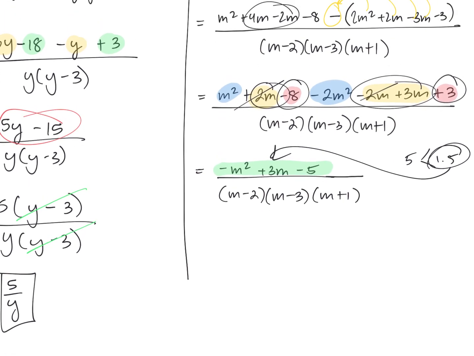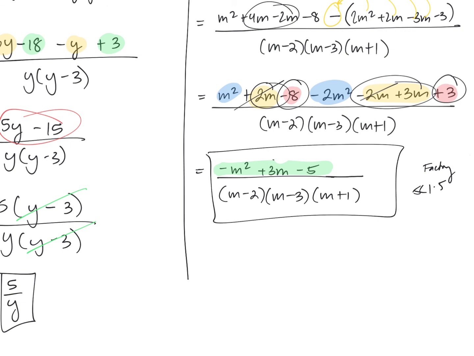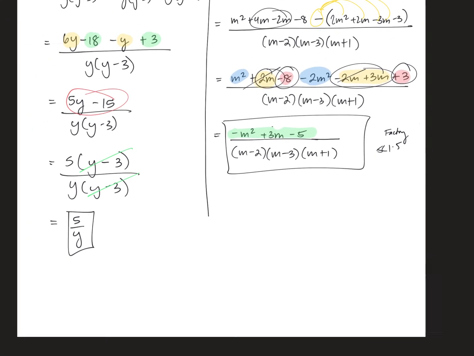So we're done. We can't factor that trinomial on the top. So that's our answer. One thing I shouldn't have done: to show me that you did try to factor that, go ahead and show your factoring scratch work on the side. Alrighty, and that is that for this section.